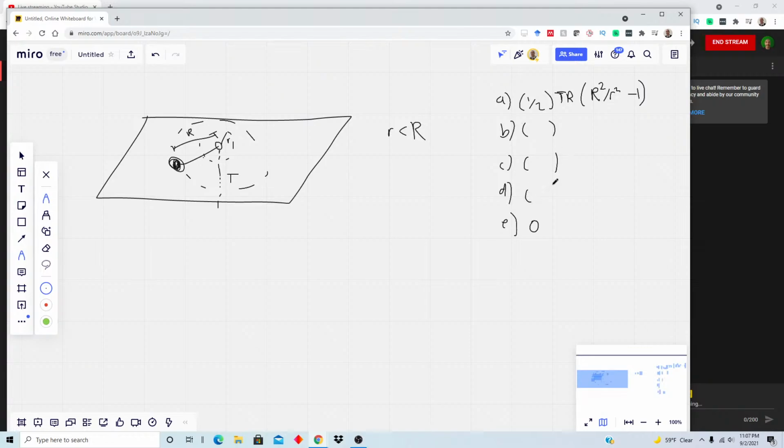These all have 1/2. All these have T. This one's big R, little r, little r. And the difference between them is just these flipped. Okay, and the reason why I'm writing them all out is to give me time to think.